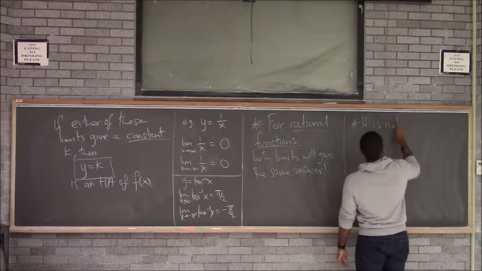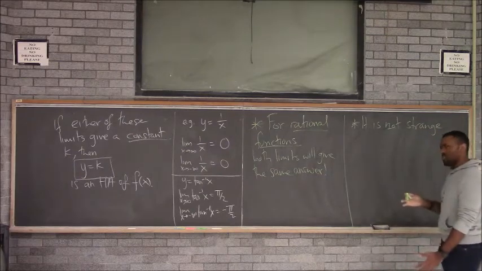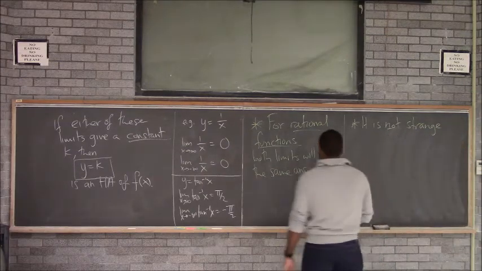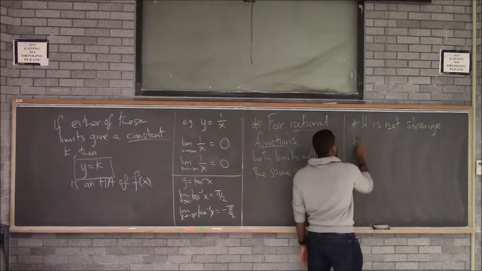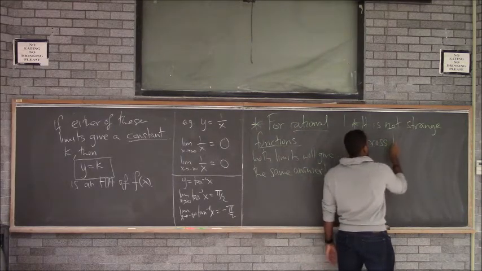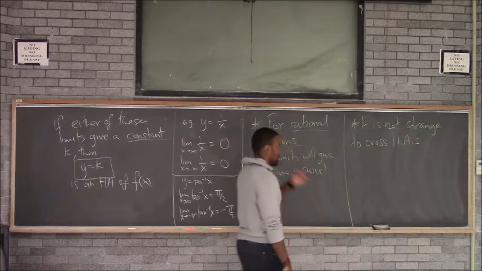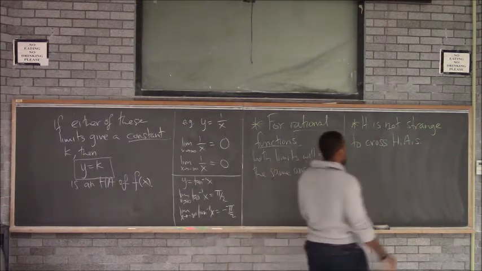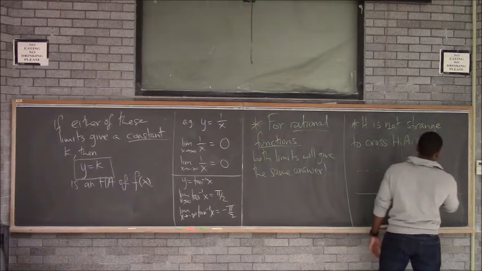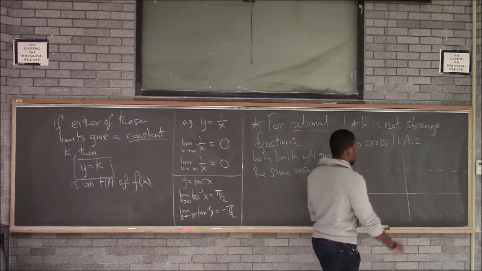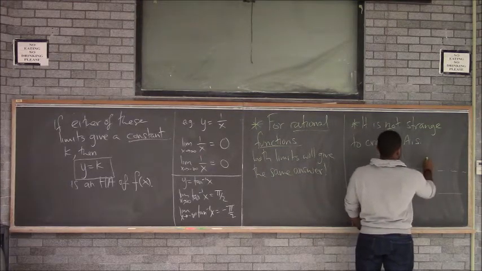It is not strange. So don't think of it as strange if you end up in this situation and wonder, is that strange? Am I doing something wrong? Don't worry about it, because I hear people ask that all the time. It is not strange to cross horizontal asymptotes. You can have a horizontal asymptote at that number, and in the finite sense, in the interim, your graph can move across that line multiple times.